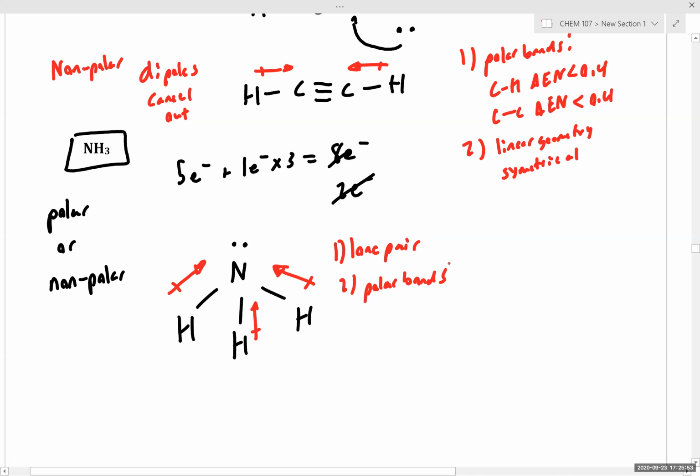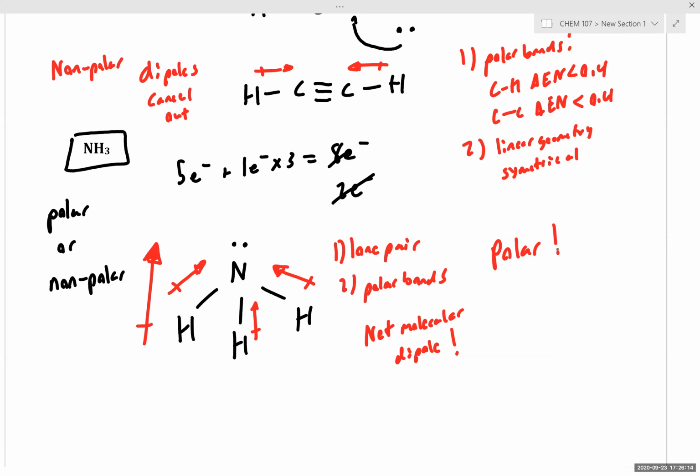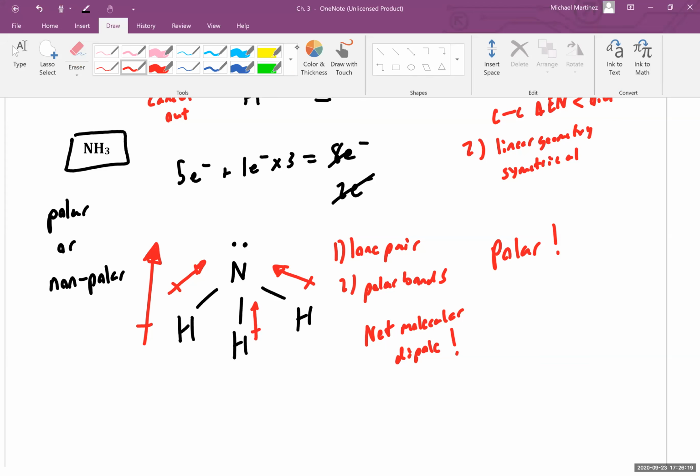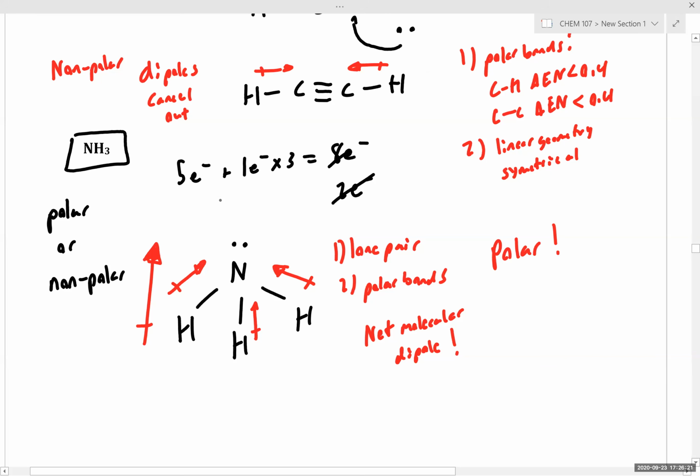As a result, all of our dipoles are pointing up, and if we add our dipoles together, we get a net molecular dipole. So in turn, that means this molecule is polar. Does that make sense to everyone? Any questions on this example?